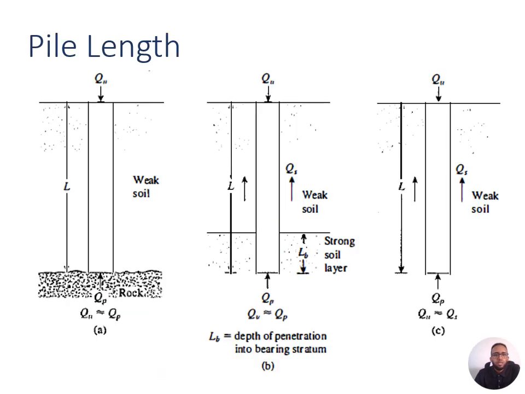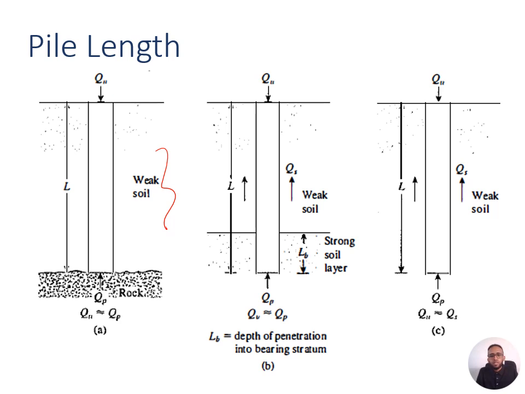Here we can see three different figures. In figure A we have a weak soil on top, and at the base we have a rock. In figure B, the top layer is weak soil, and the bottom layer is a strong and firm type of soil.